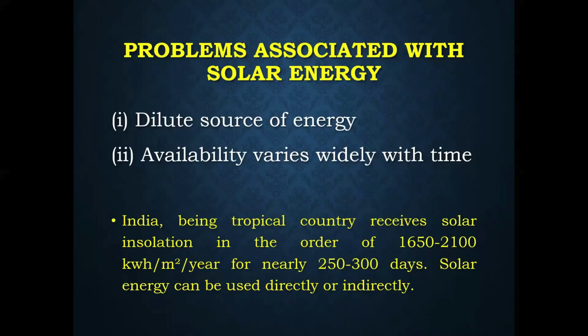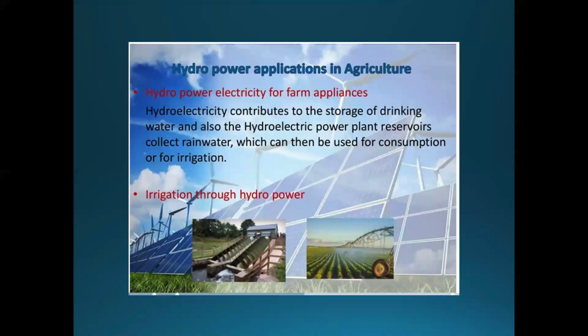This solar energy can be used directly or indirectly. You can use the sun rays directly, or convert them into a suitable energy form and use that. The first one we talked about was wind energy and its applications. Then we have seen solar energy, then hydropower. Hydropower electricity for farm appliances, like hydroelectricity, contributes to the storage of drinking water.